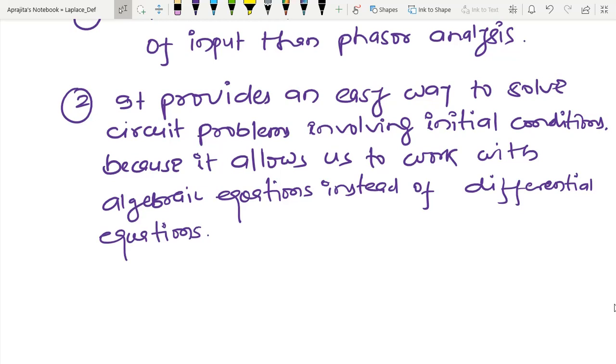But if we have certain initial conditions, then sometimes it is difficult. The problem is not so straightforward.